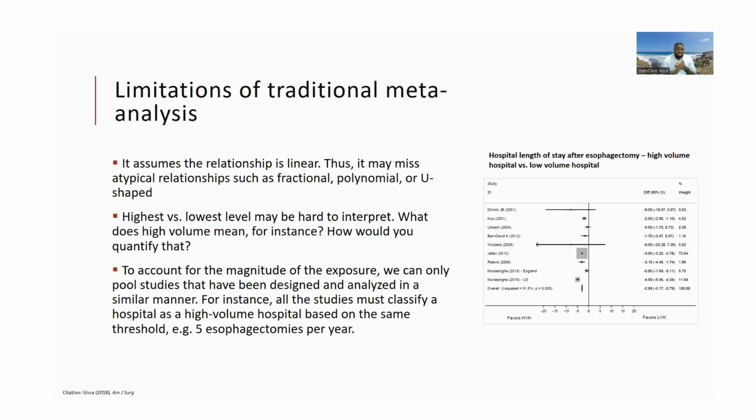Some of the limitations of traditional meta-analysis are critical to bear in mind, because they help us understand what we are able to do and what we are not able to do with the traditional meta-analysis that we would often do, and which we have taught in the rest of this course. The first is that the traditional meta-analysis assumes that the relationship is linear.